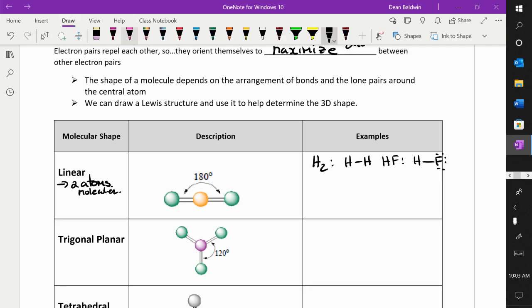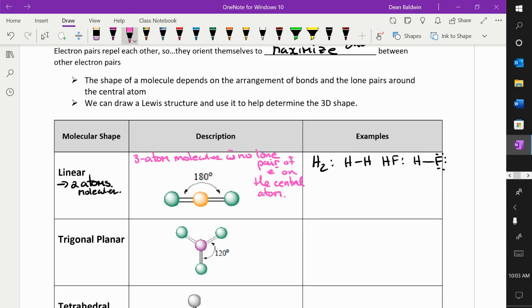So, three atom molecules, but this is the important part, with no lone pair of electrons on the central atom.